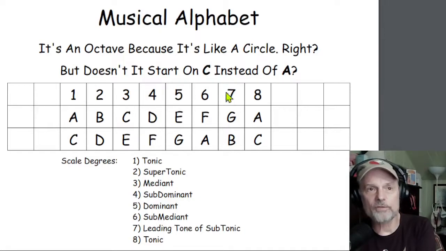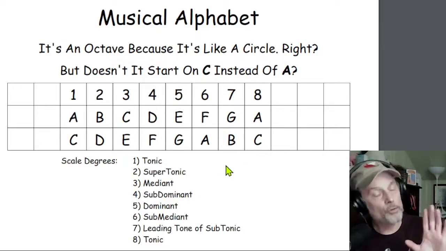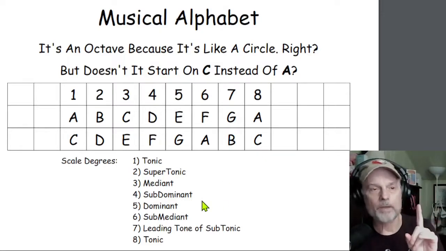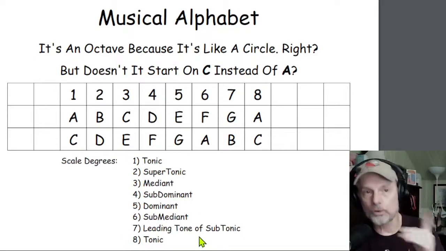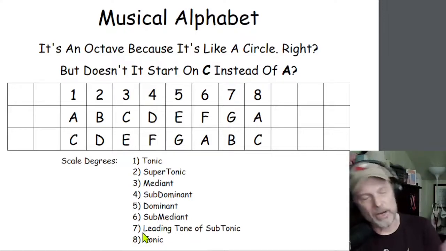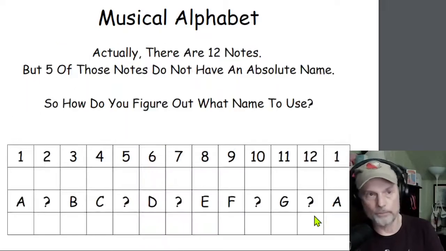So this 7th degree actually has 2 names. Now, normally you won't hear these names a lot. You'll hear the dominant, and now you know what it really means. And you might hear the leading tone quite frequently because that's important. The tonic, you might hear that some, but mostly it's our root note.